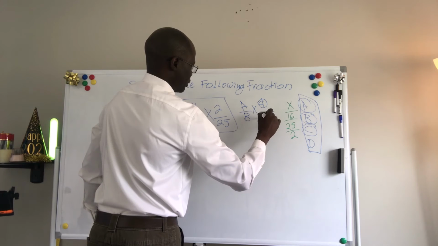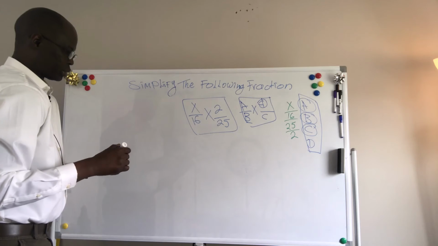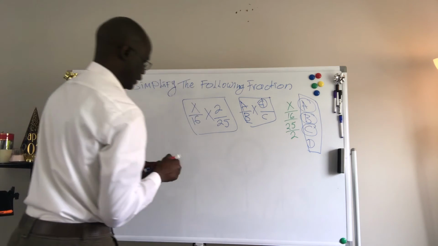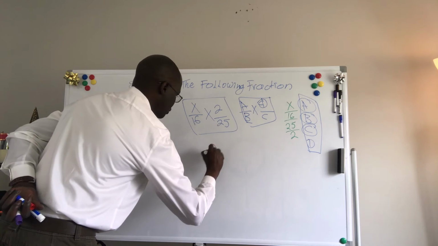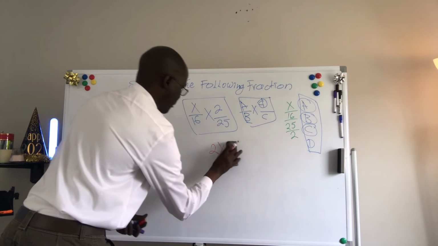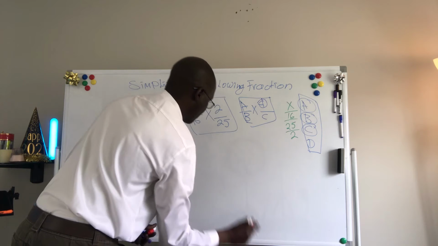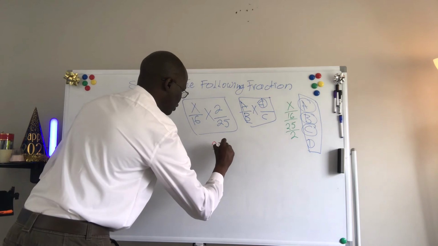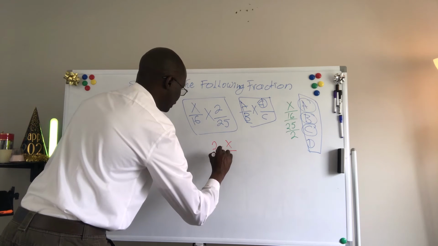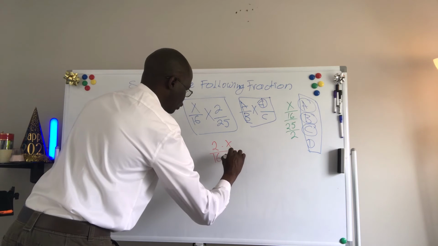C. So this equals 2 times x, times x, and the whole thing divided by 16, and then times 25.